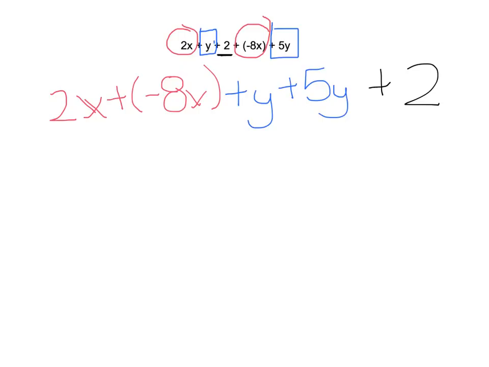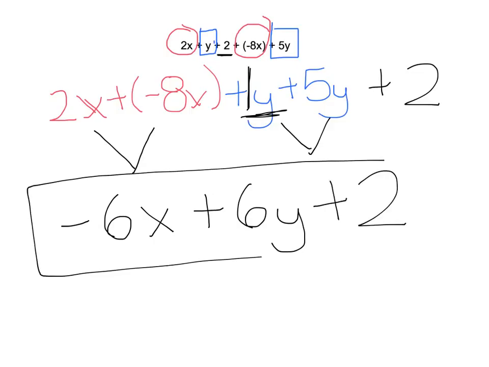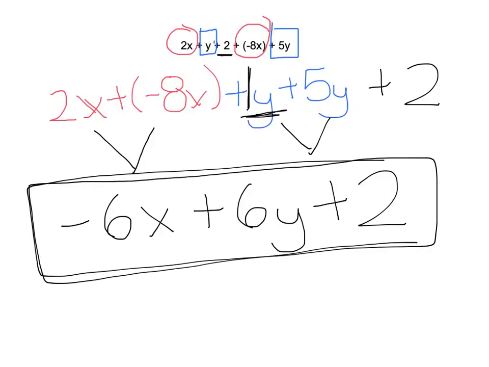A 2x plus a negative 8x is negative 6x. This y, there's a 1 in front of it, so 1 plus 5 gives me 6y, and 2 is left all alone. This is your answer. You have no more like terms.